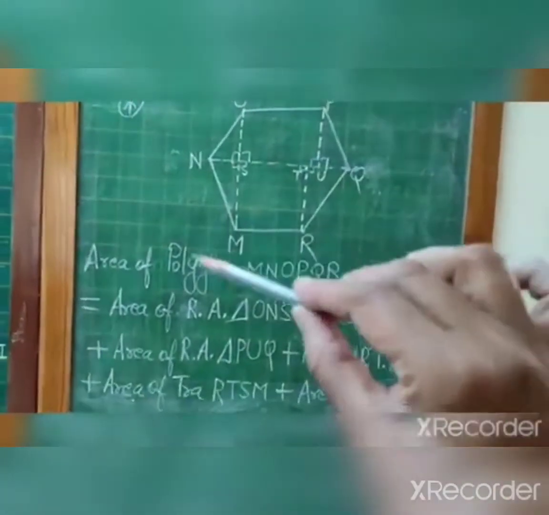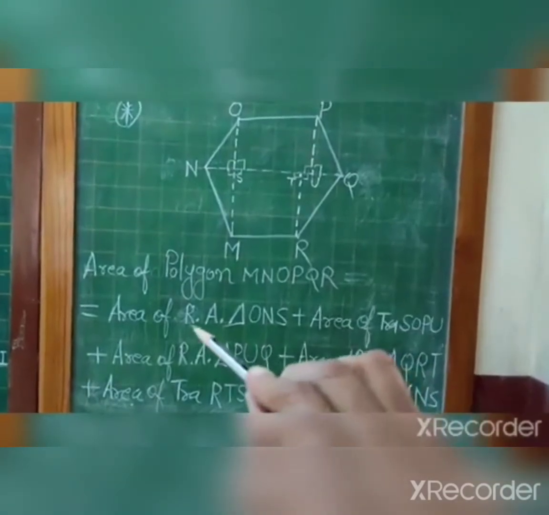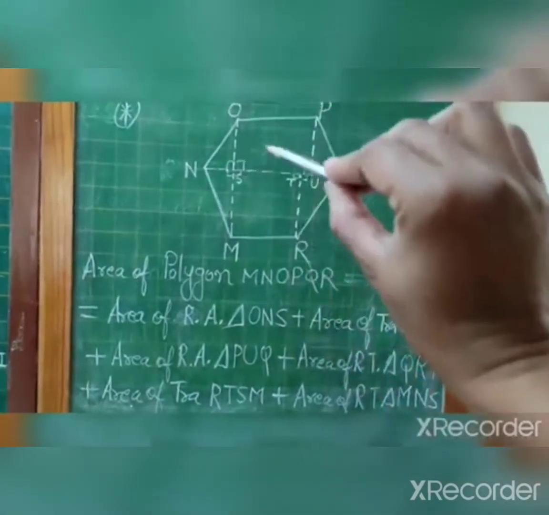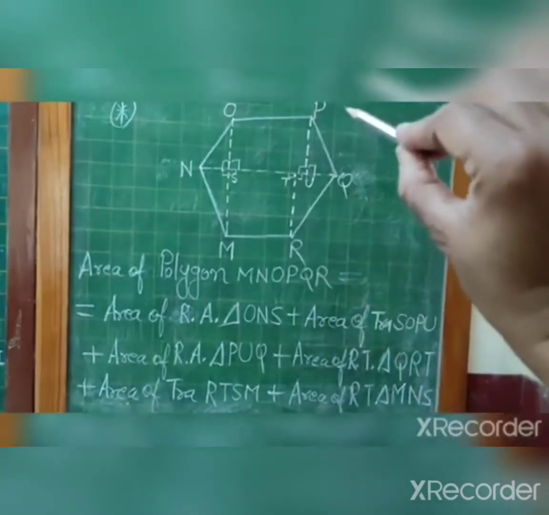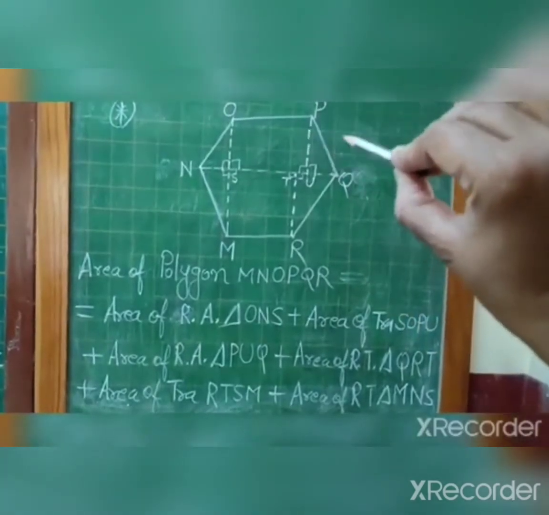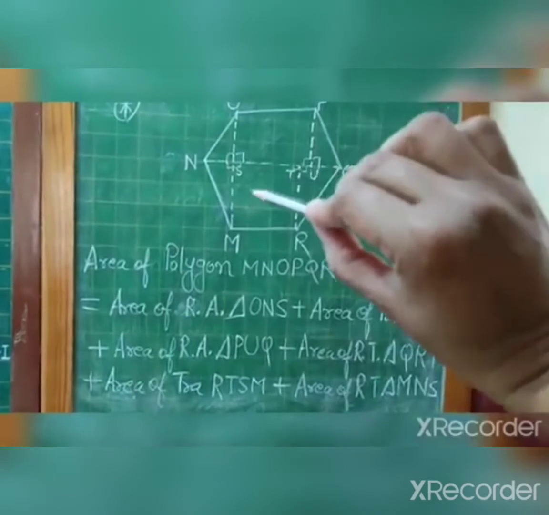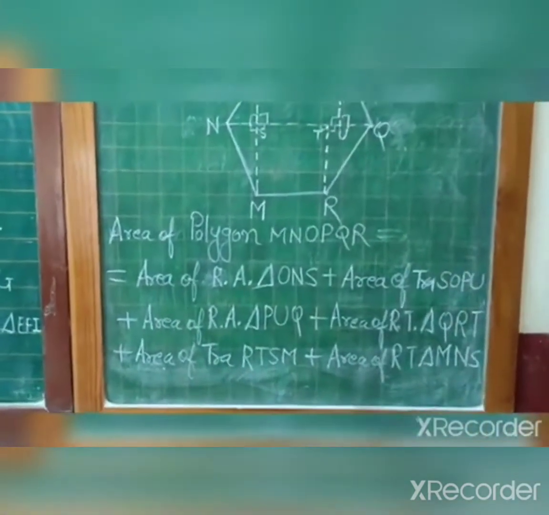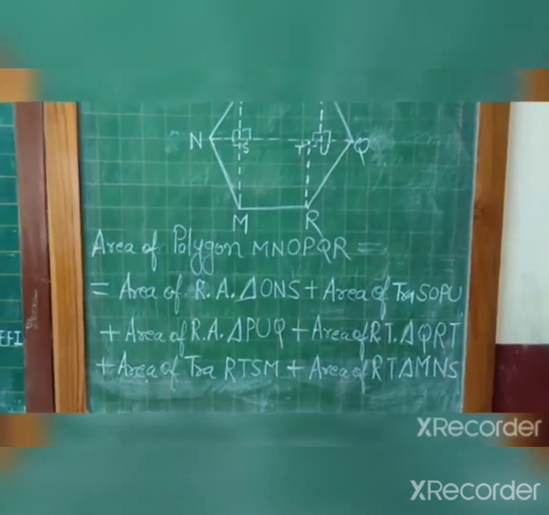So first, the area of polygon MNOPQR: area of right angle triangle ONS, area of trapezium SOPU, area of right angle triangle PQU, area of right angle triangle QRT, area of trapezium TRMS, area of right angle triangle SMN. So you can divide this polygon into different shapes and calculate the area.